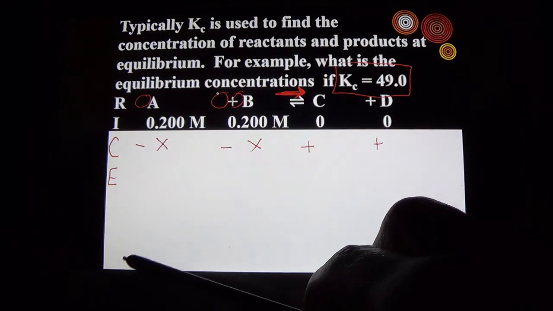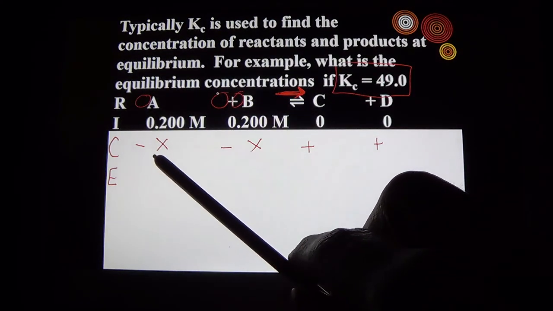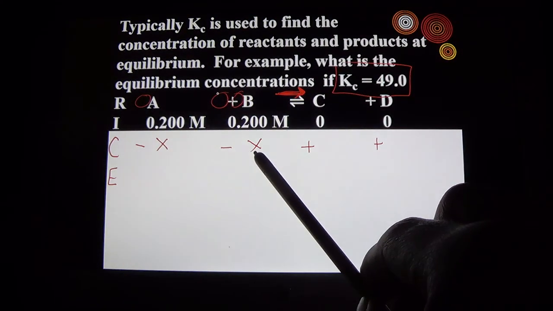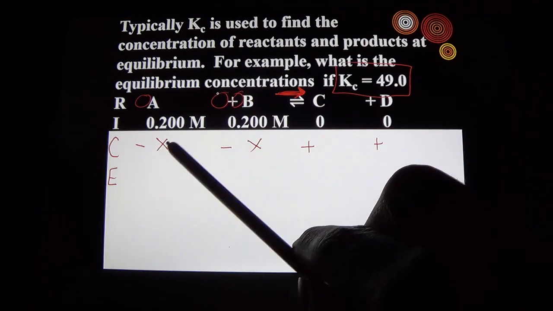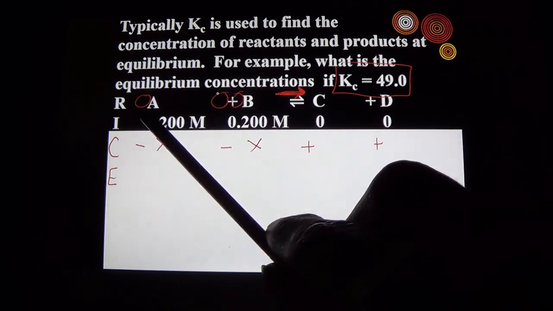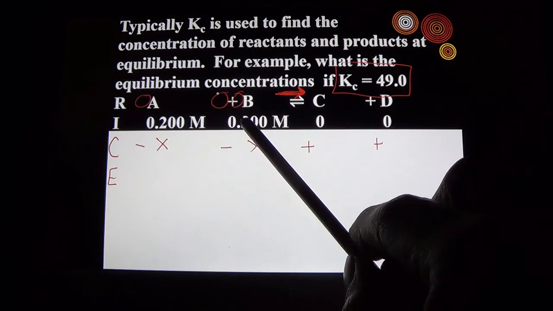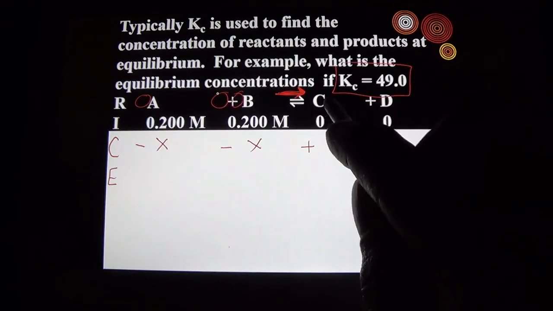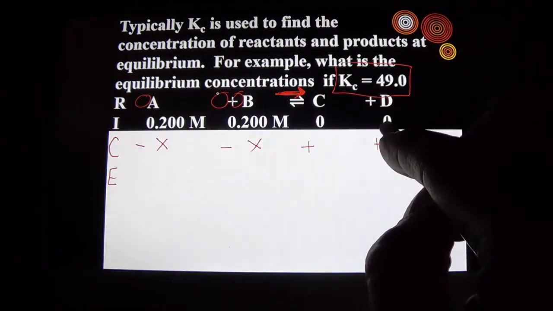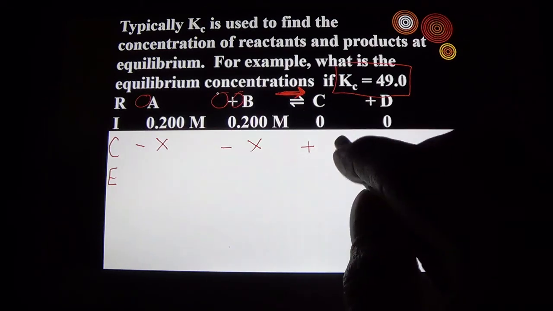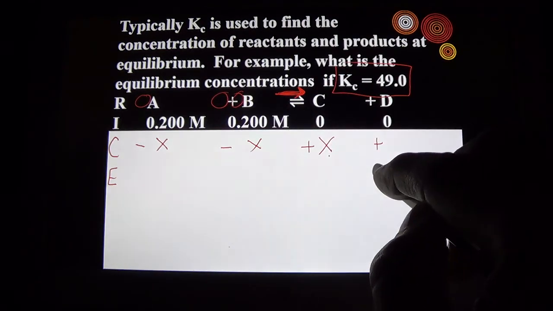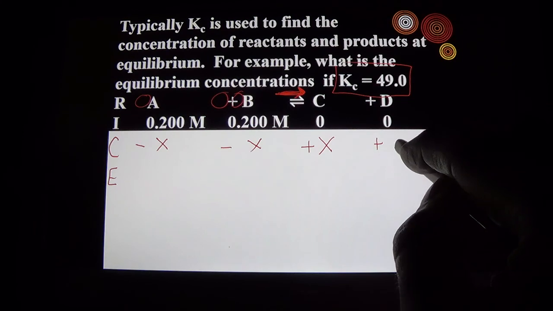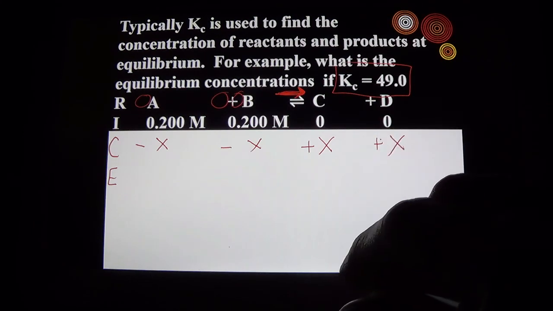Because if it's a 1-to-1 ratio, I'm going to lose 1x here, and I'm going to lose 1x here. If I wanted to say 3x there, I'd have to say 3x there. I'd have to maintain that 1-to-1 ratio. That is important. Also, it's a 1-to-1 ratio between C and D. So I'm going to gain X amount there, and I'm going to gain X amount here.